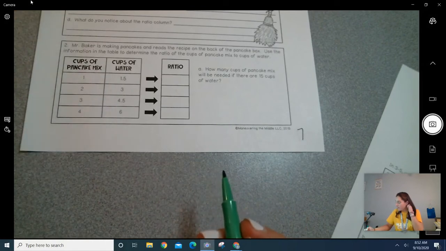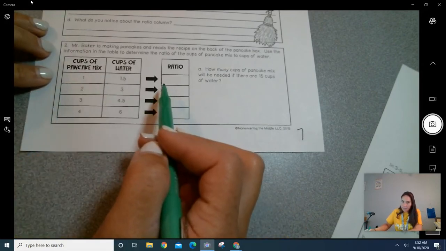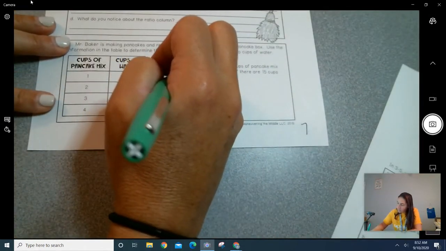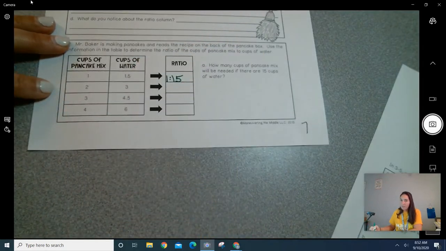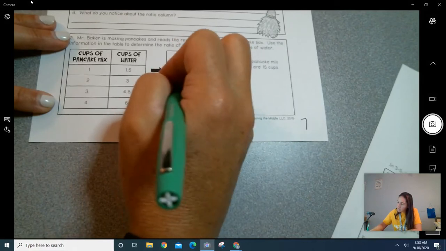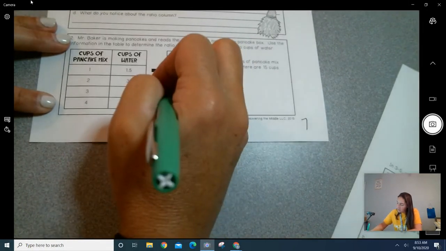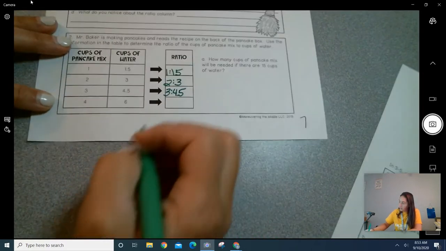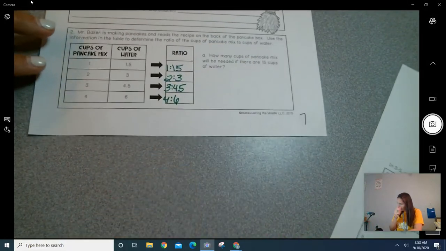So the first thing I'm going to do is just carry this ratio over, okay? So I know my first ratio is 1 to 1.5. The second ratio is 2 to 3. The third ratio is 3 to 4.5, and the fourth ratio is 4 to 6.